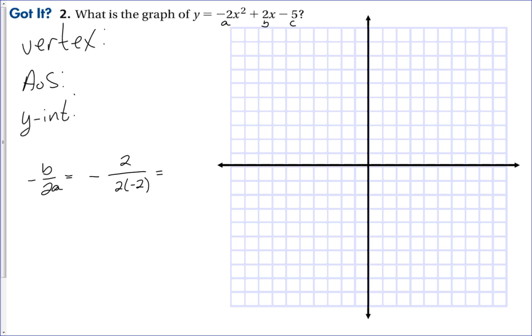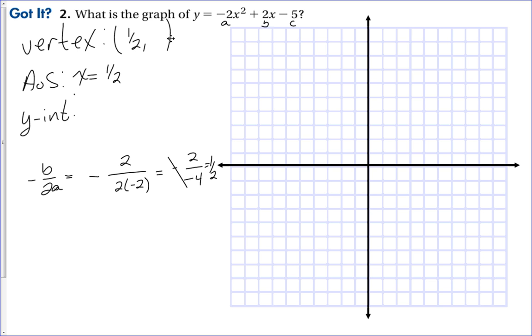So this is negative 2 over negative 4. The negatives cancel, leaving us with 1/2. So we know that our axis of symmetry is the line x equals 1/2, and that our vertex is (1/2, something). We need to figure out the something.